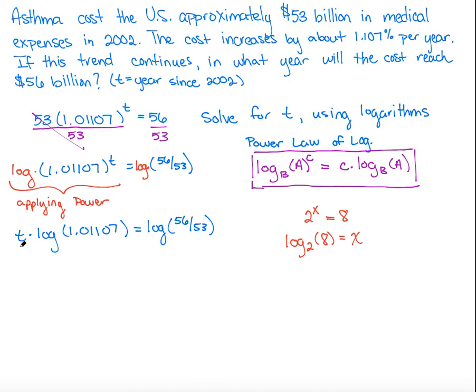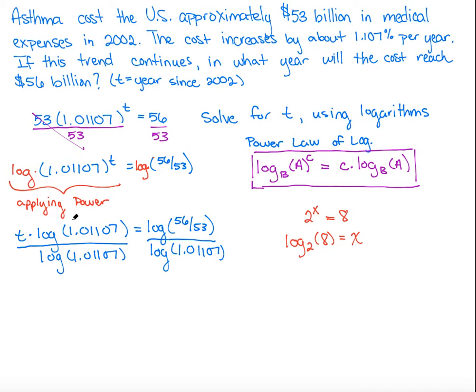Okay, let's continue isolating t. Right now t is attached to this whole log by multiplication. To undo that, we're going to divide everything by the log of 1.01107. Again, since this is an equation, whatever we do to one side, we also have to do to the other side.